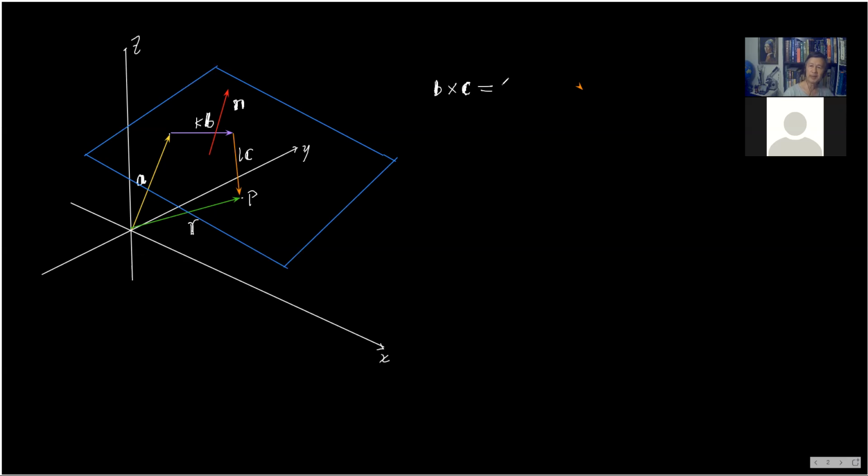They must be perpendicular apart from a constant. Can you see? Apart from the constant, it must be equal to n, the normal. Because we have assumed these two vectors are lying on the plane. So B and C are lying on the plane, right? Therefore, this relation holds according to the cross product, right?